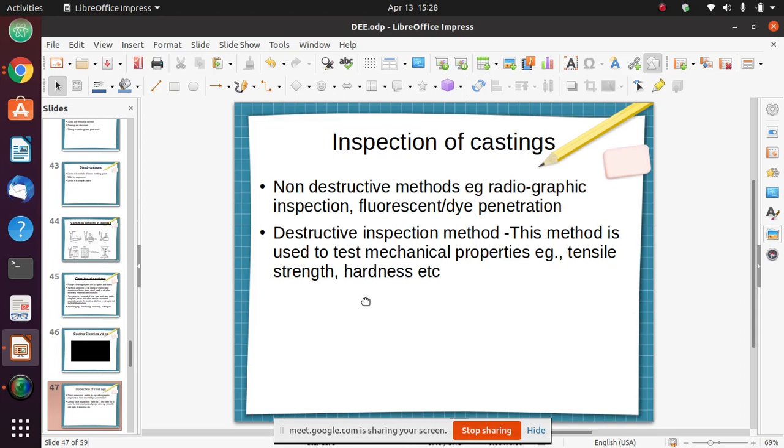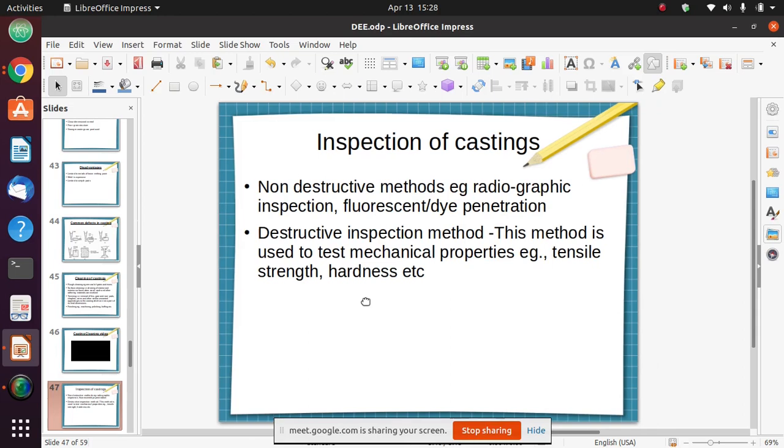If I'm making a casting to replace kwa gari, kama mfano suspension rod ya gari, if I have to know at what point at what load that casting will break, so I will subject it to tests kama breaking, to tensile tests, to compressive stresses, to see at what point that casting will deform or will permanently deform.